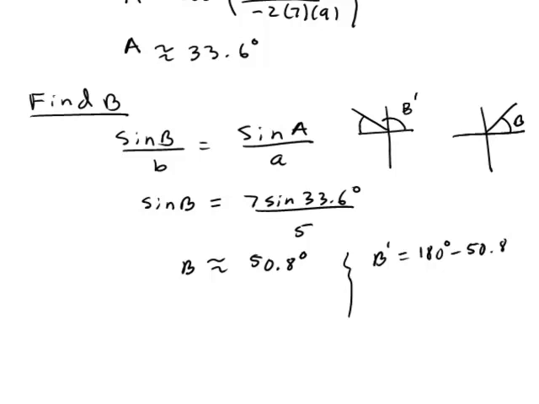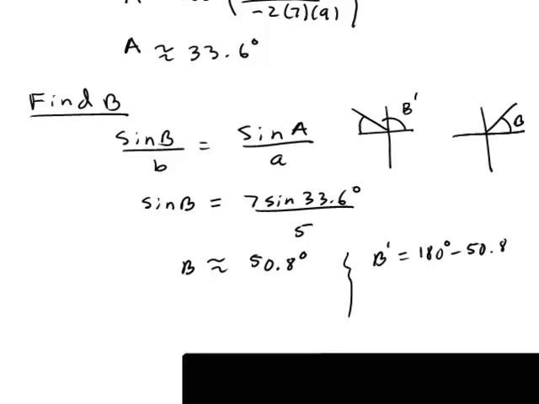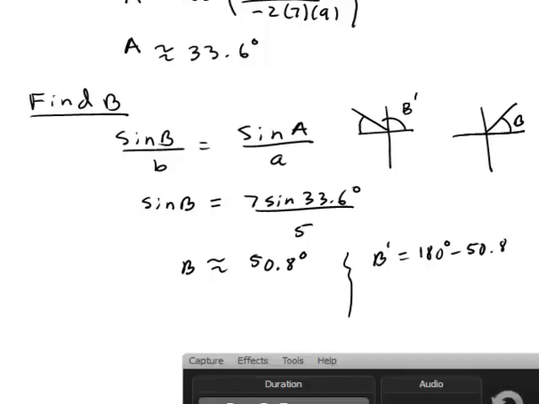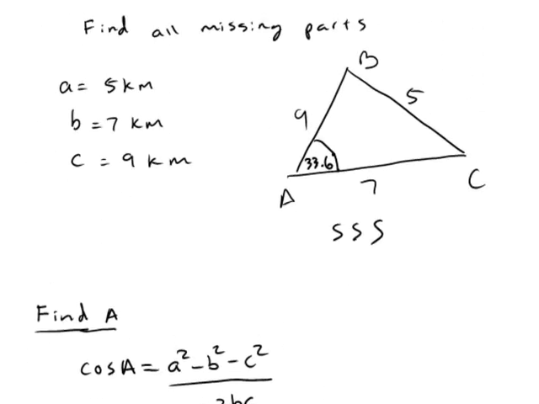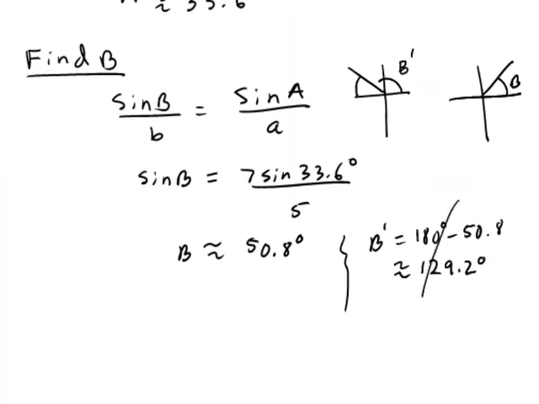If we did that, we would get approximately 129.2 degrees. Now this is impossible once again because B can't be obtuse. B is not the largest side. If any angle is going to be obtuse, it's going to be angle C because side C is the largest side. Okay, so this solution here we're going to drop out.